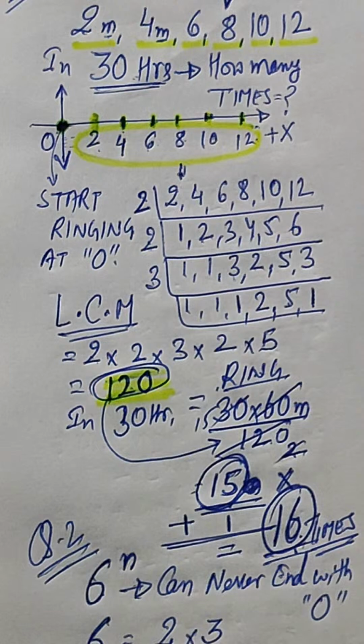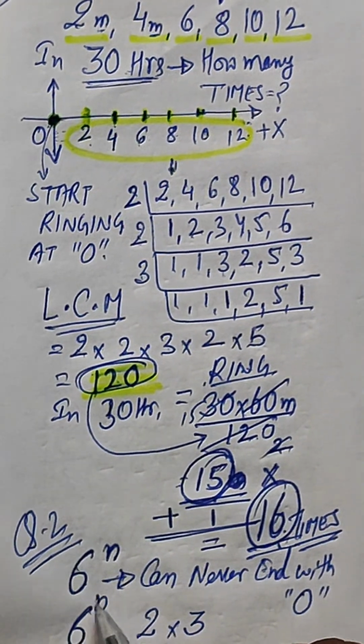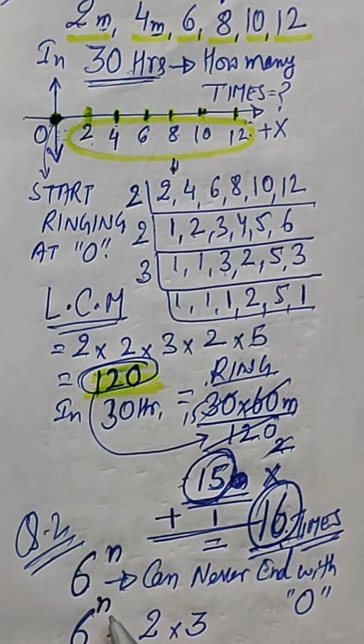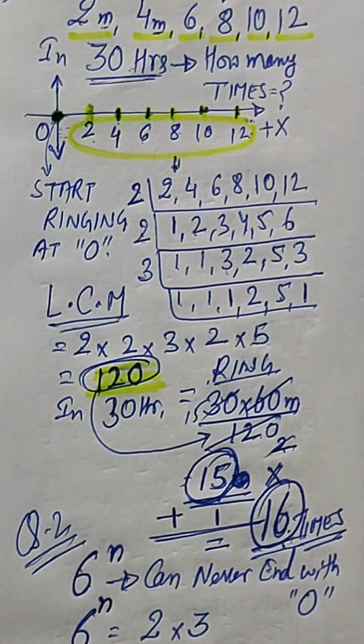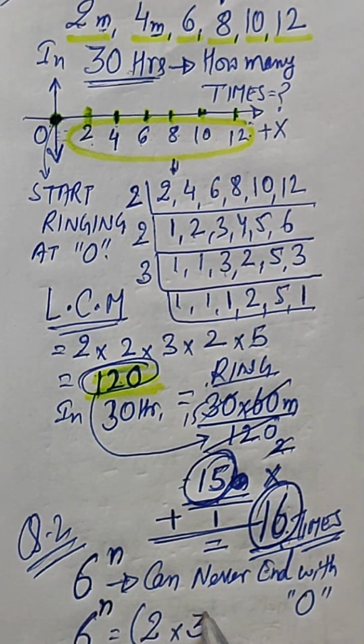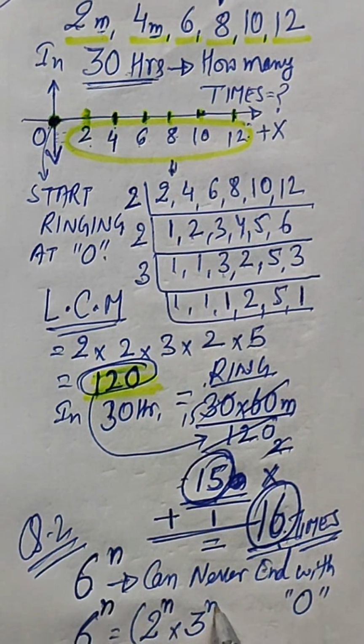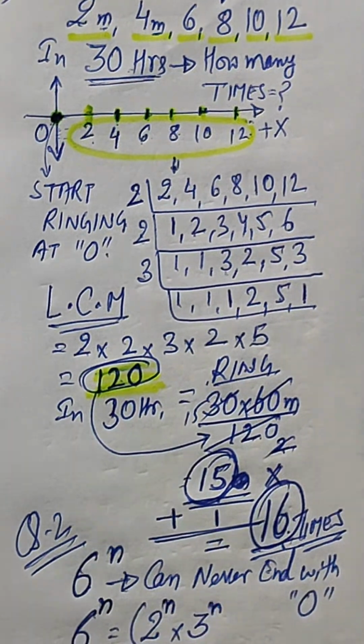Now, if 6 power n is the number under consideration in the question, then just apply power n on the RHS and it will become 2 power n and 3 power n, right?